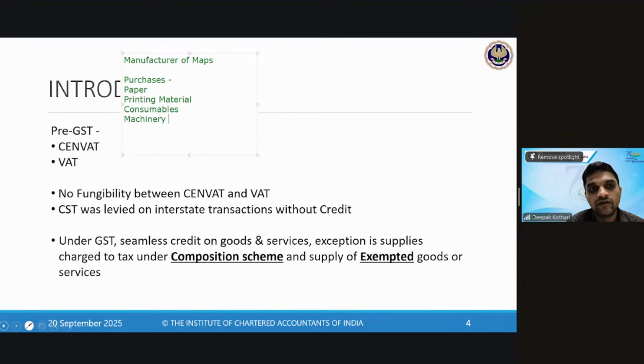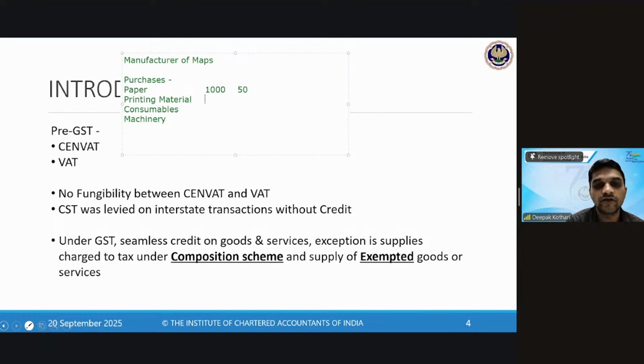Now, if this person purchases paper at say 1,000 rupees, the person who is selling him the paper will charge 50 rupees as GST because on paper it is 5% GST.